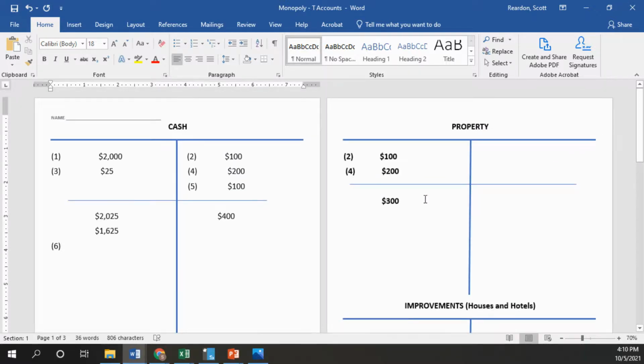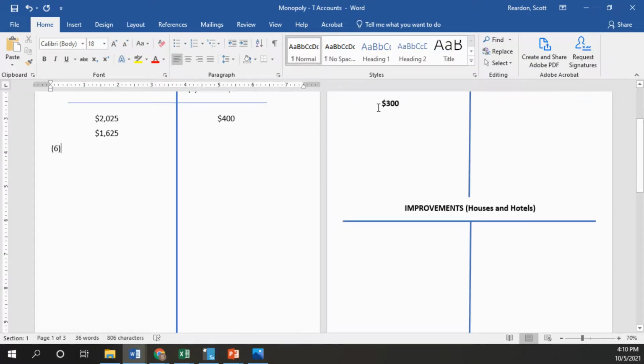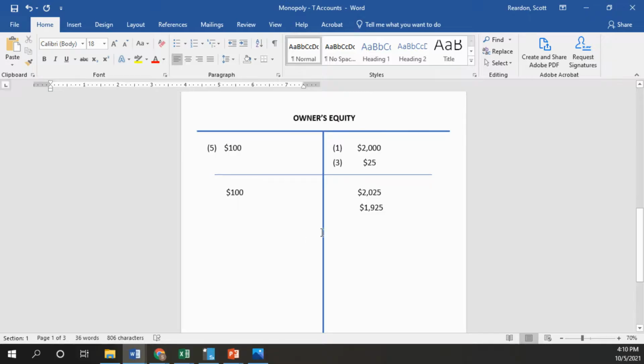So I'm going to add up my assets. 1625 plus 300. I don't have any improvements yet. 1925. Total assets. Total owner's equity. We don't have any liabilities. That makes things really simple. Total owner's equity, 1925. They balance.